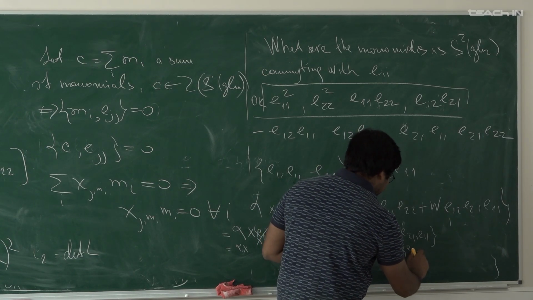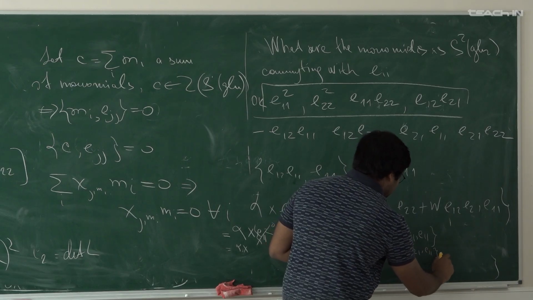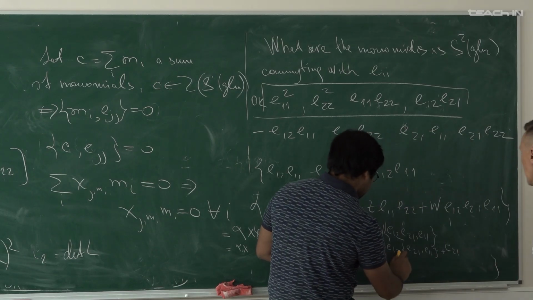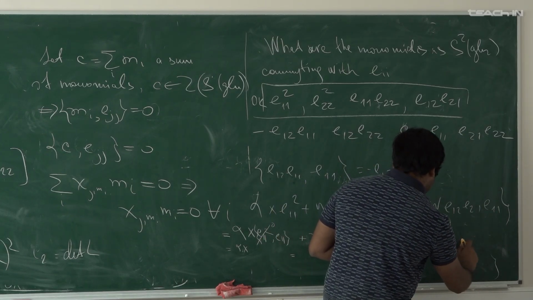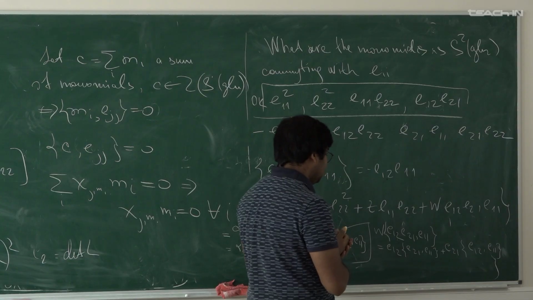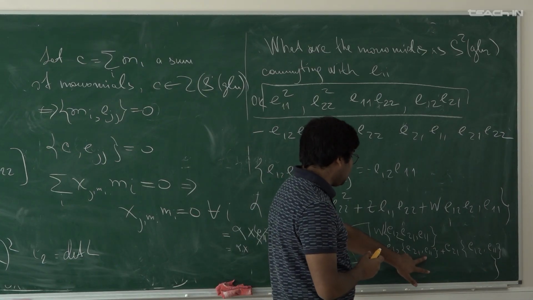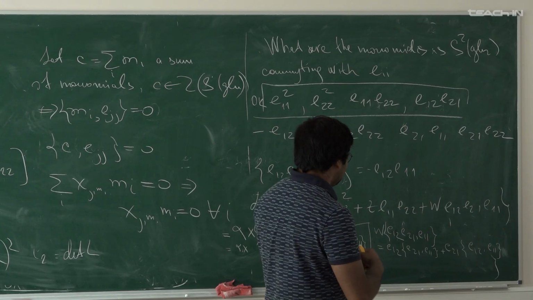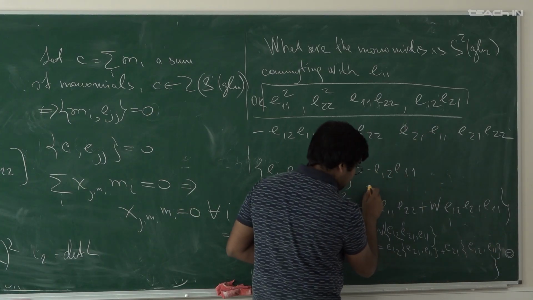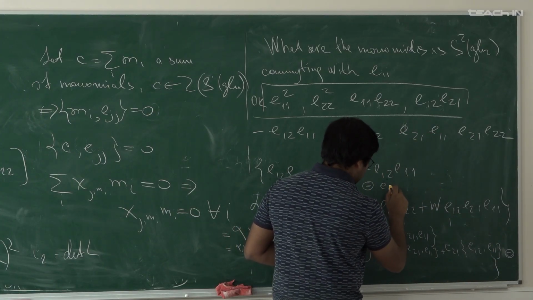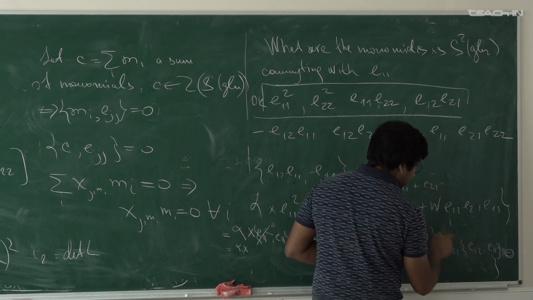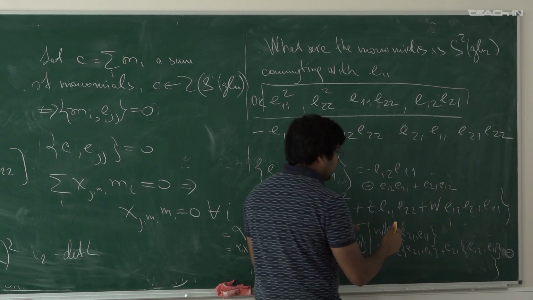So this plus E21, here is E12, minus E12.